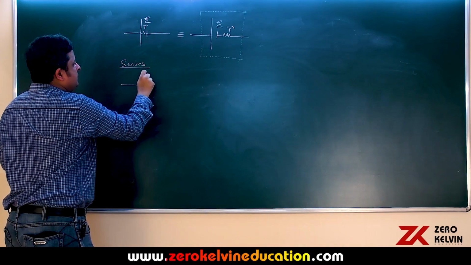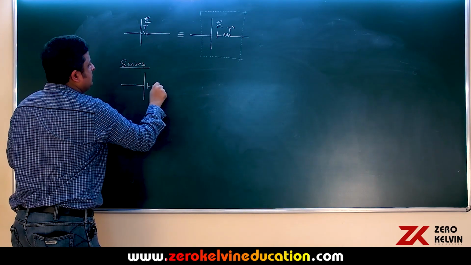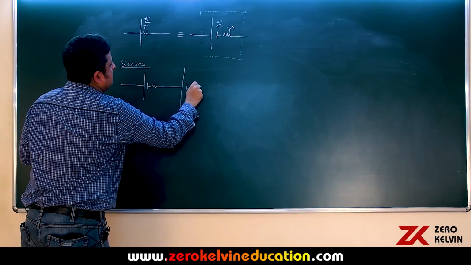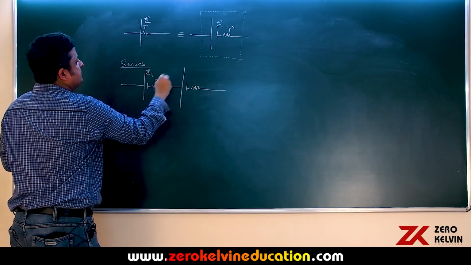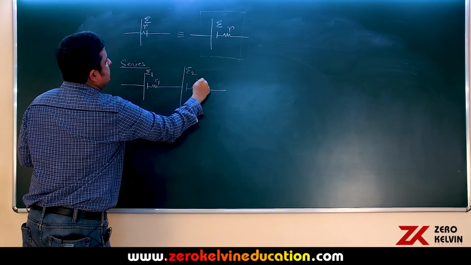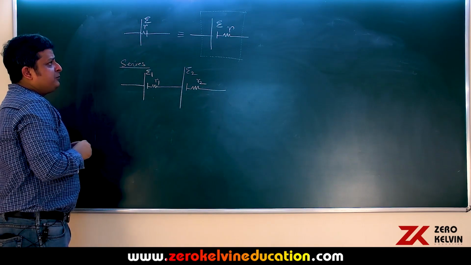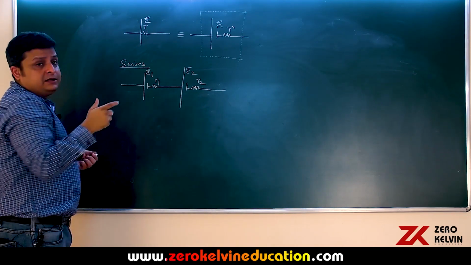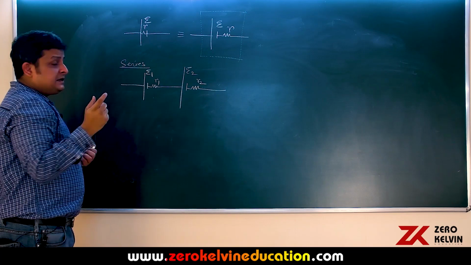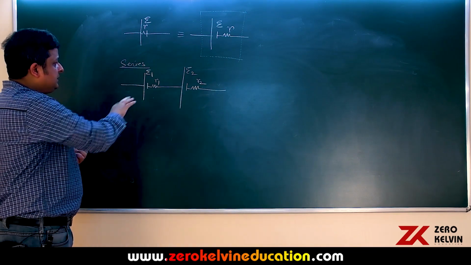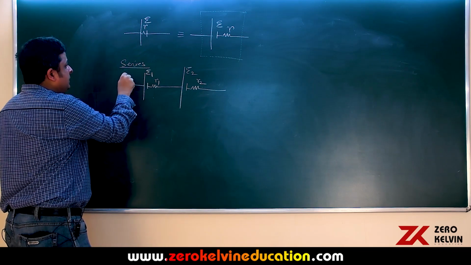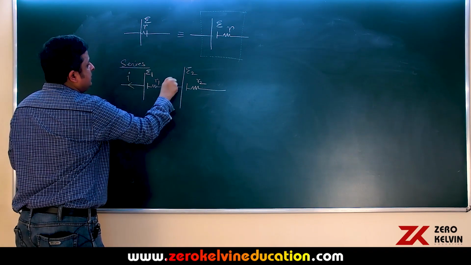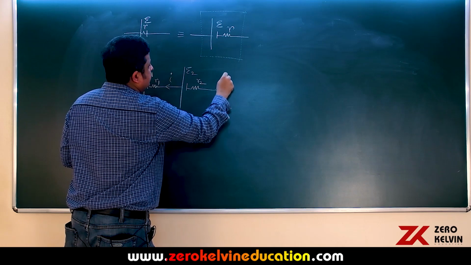Suppose you have two cells. This is E1 resistance R1, this is E2 resistance R2, and you know the potential difference across the ideal cell is equal to the EMF. Suppose this is a series combination and the current I flows in this way.